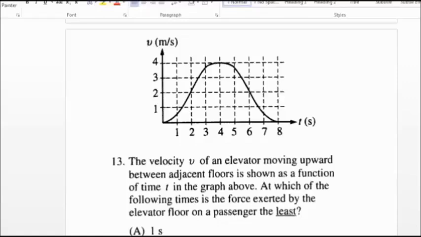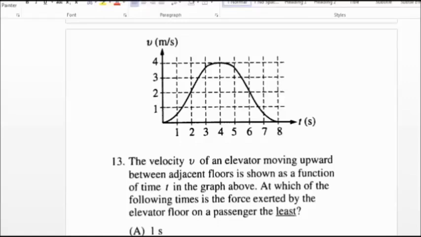So if the elevator is moving up, that means the person is moving up. For a person to move up, the force exerted by the elevator floor must be greater than the force of gravity acting downwards. And when the elevator comes down, the force of gravity should be more than the reaction force.